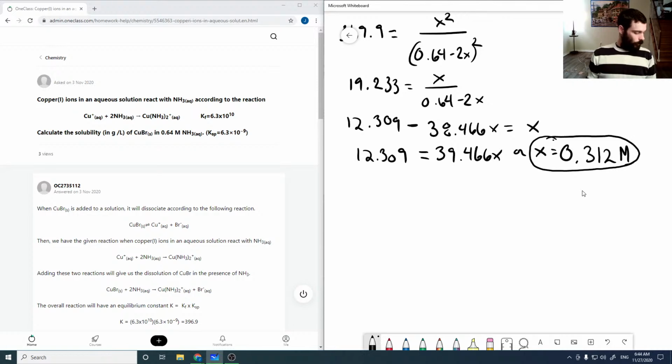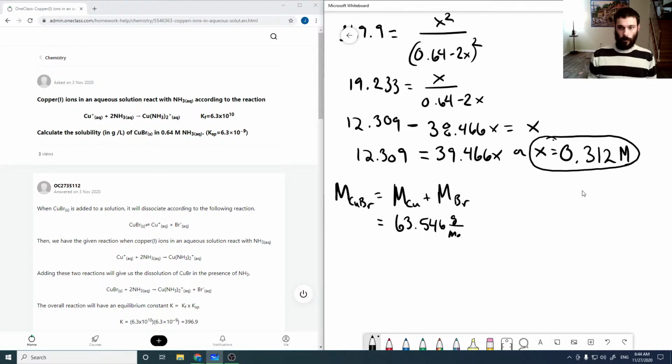We want it in grams per liter, so we need the molar mass of copper bromide, which is the molar mass for copper, 63.546, plus that for bromine, 79.904. And so that's 143.45.